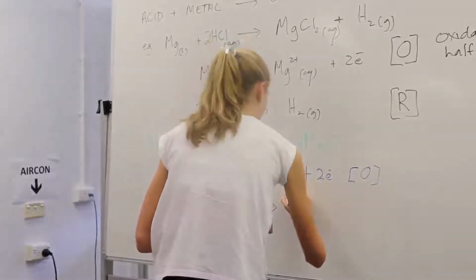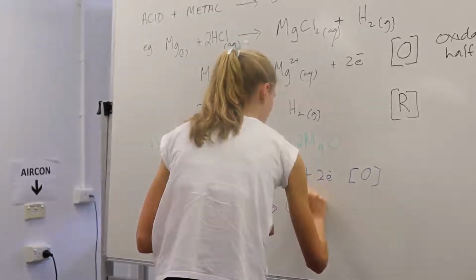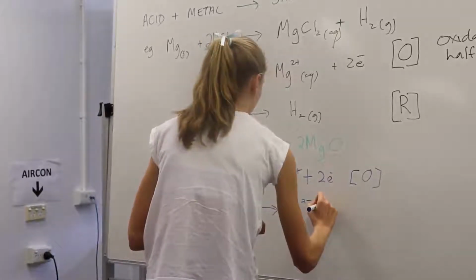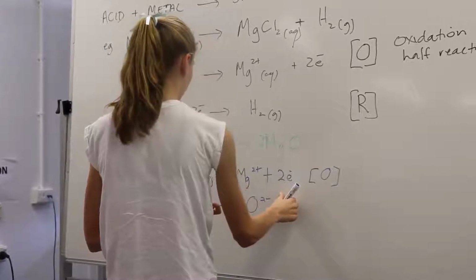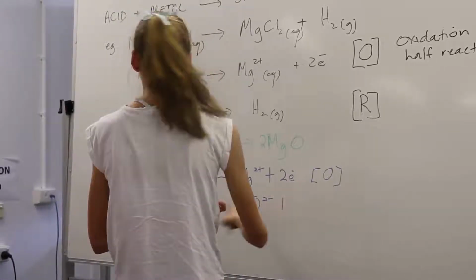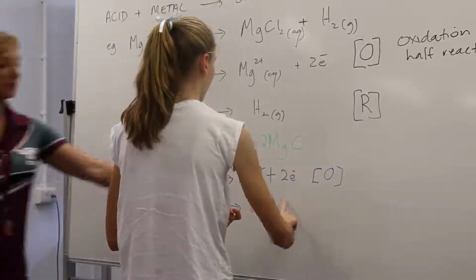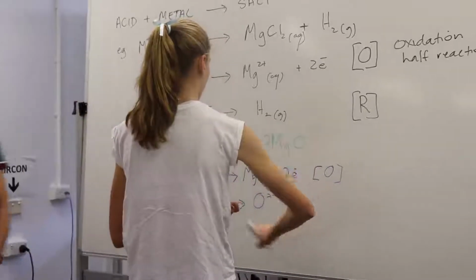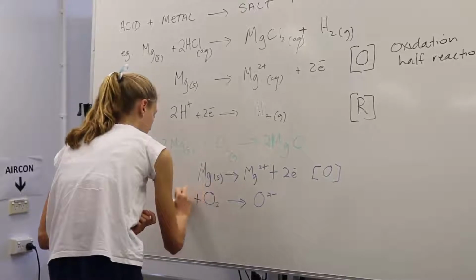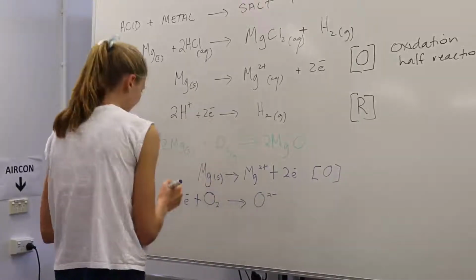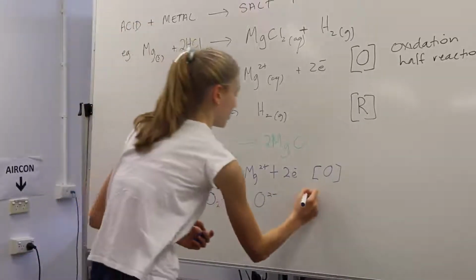Yes, group 6, 2 minus. And then you've just got to balance the charge. Well, if you put electrons on this side, it'd be even more negative. Yeah. Then you have to go... Yes, and then what is that?